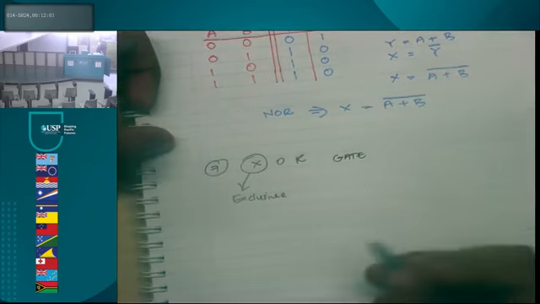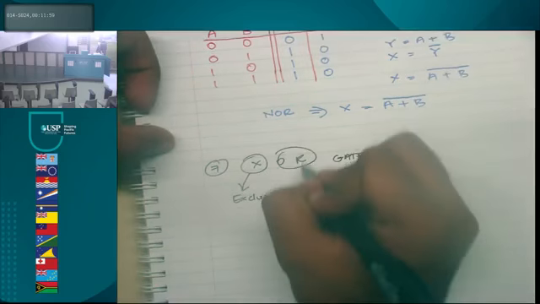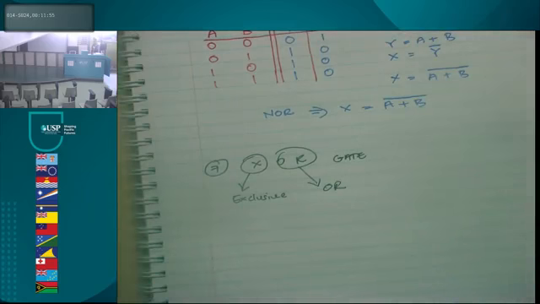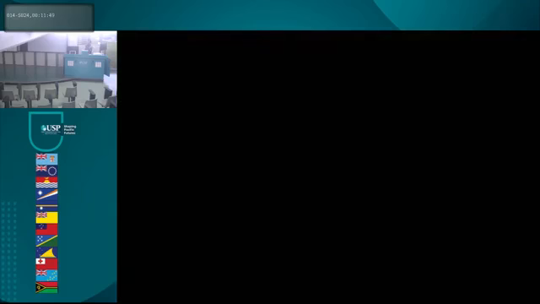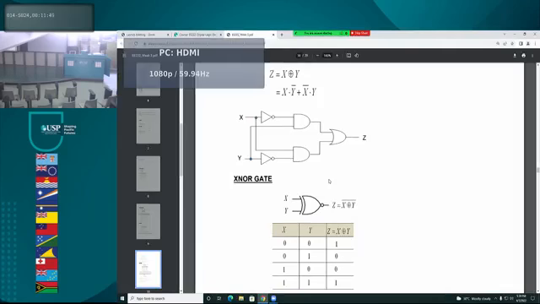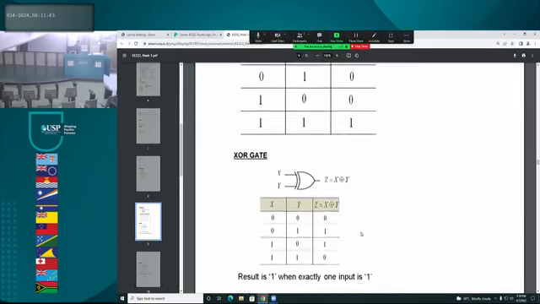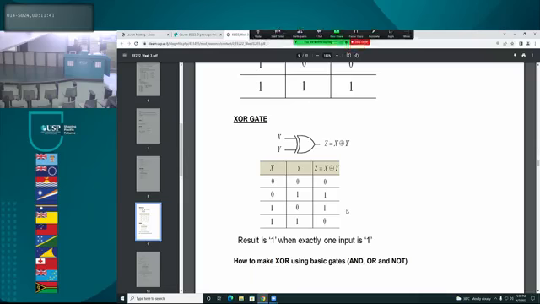Exclusive, and this is definitely the OR gate, okay? I think, okay, this is the XNOR gate. Here you go. This is basically how the XOR gate looks like. You can copy the symbol for that.